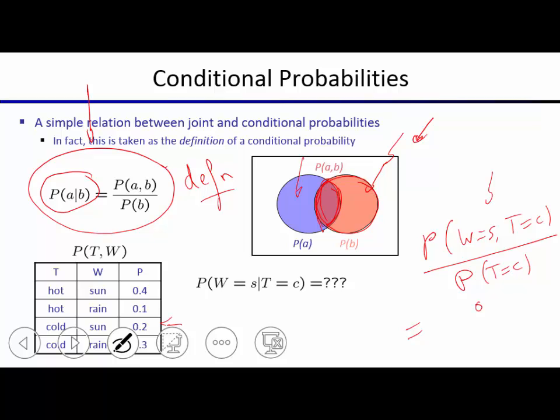We can just read it off: 0.2. The second one, probability T equals C, is an event. That's not directly in the table, but we know how to compute it. We sum over all entries in the table that have T equals C, which is the last two rows, which sum to 0.5. And so this is our conditional probability: a 0.4 probability of sunny given it's cold.